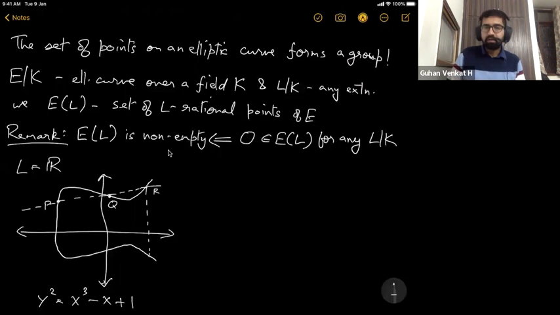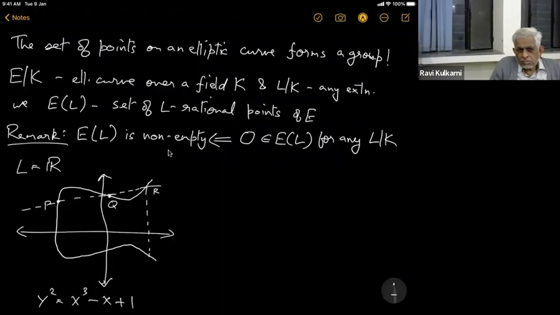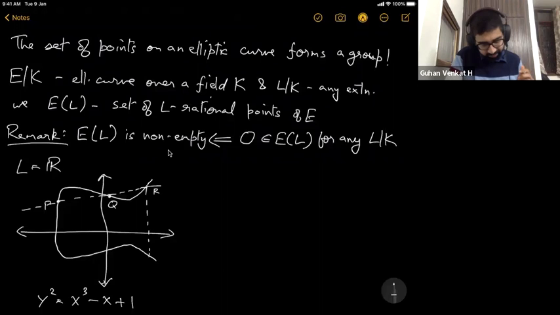You can think of this as the line joining R to the point at infinity. This is on the real plane, but if you think of it in the projective sphere, then you can think of the point at infinity. You drop the line joining the point at infinity to R. Again, by Bezout's theorem, it will intersect the elliptic curve at a third point, and I'm going to call this point P plus Q.